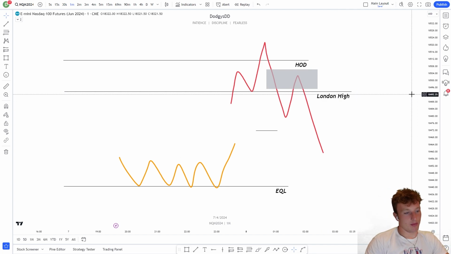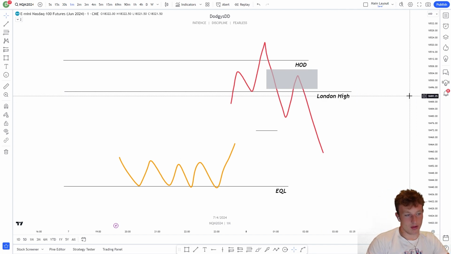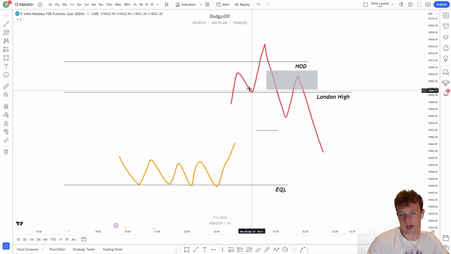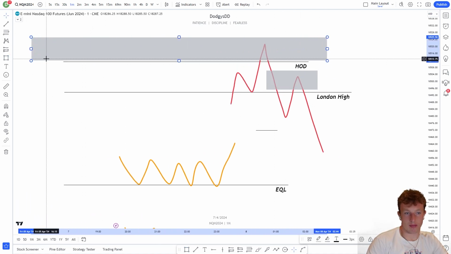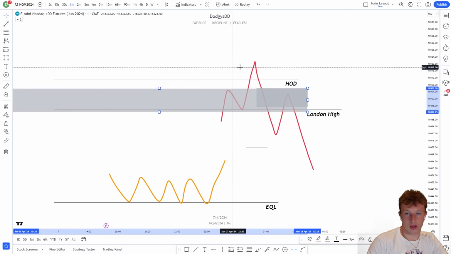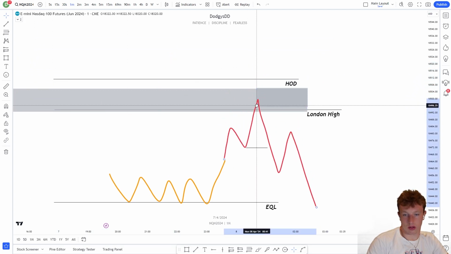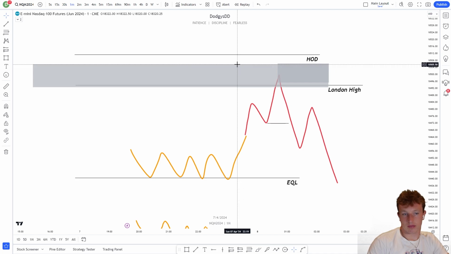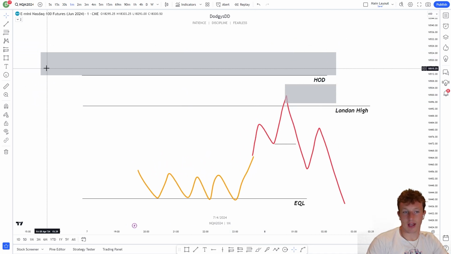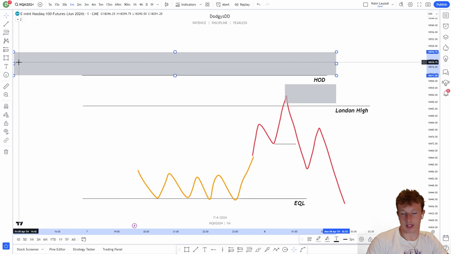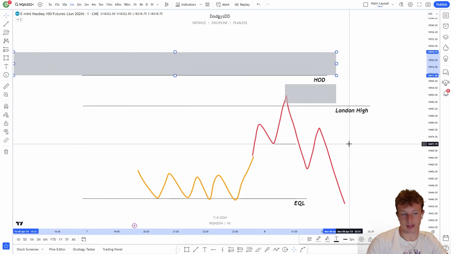Now, there's going to be more advanced things that may tell you, such as a fair value gap to the left here, or maybe a fair value gap to the left here. But you will learn that through screen time, and it may be more probable to go up to a high day if there's a fair value gap from a few days ago sitting to the left right here, if that makes sense.